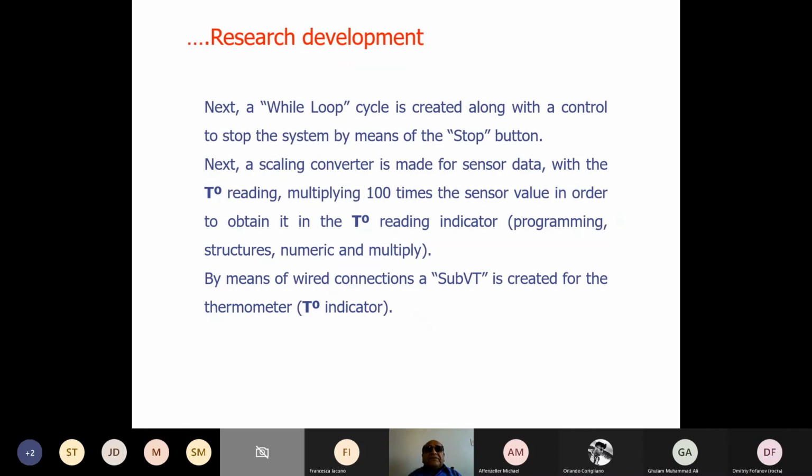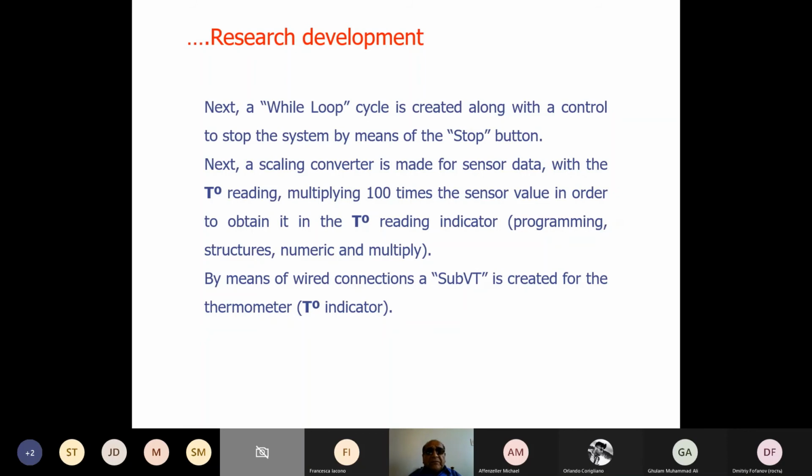Next, the loop cycle is created, along with a control to stop the system by means of the stop button. Next, a scaling converter is made for the sensor data, multiplying the temperature reading by 100 times the sensor value in order to obtain the value in the temperature reading indicator.